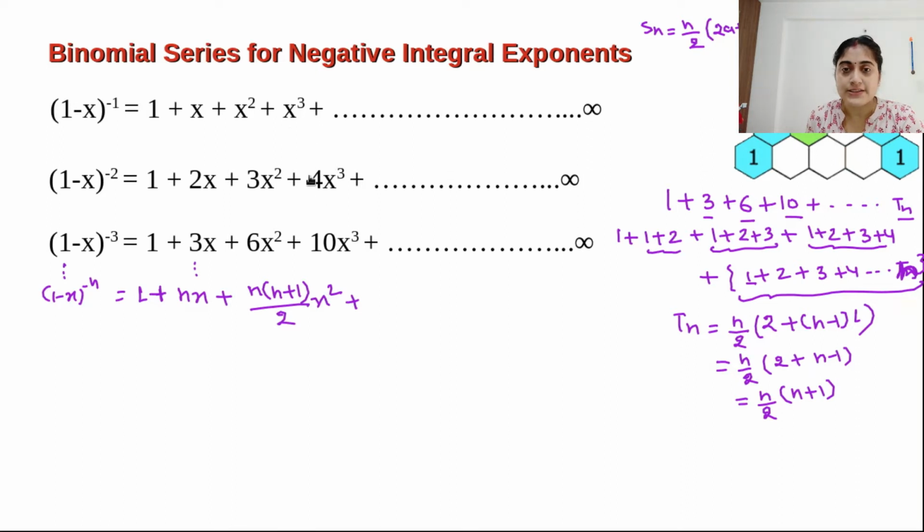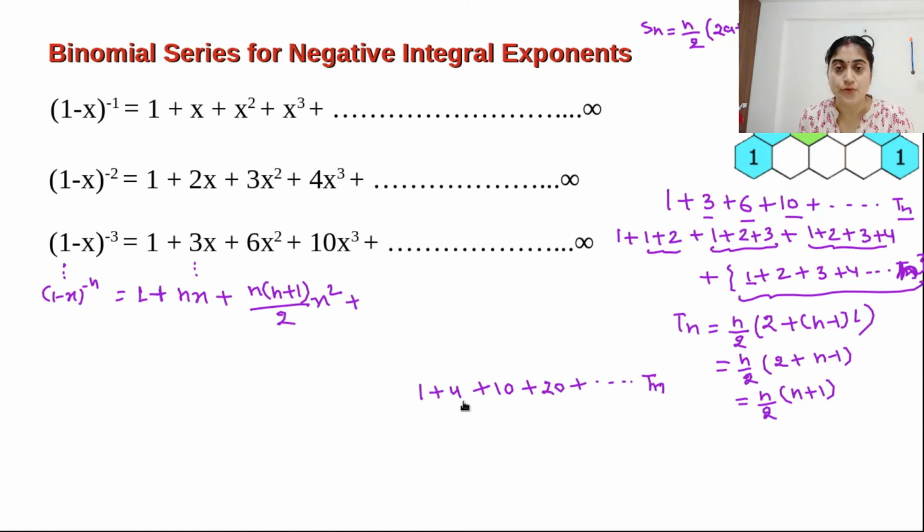Now for the x cube, how will the coefficient of x cube look? If I write here, it looks like 1 plus 4 plus 10 plus 20, like this it will increase and go. It can go infinitely, but if I am seeing only up to the nth term, what will be the nth term for this type of expansion?